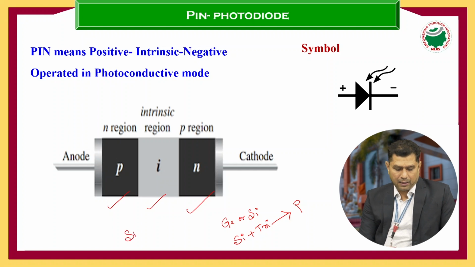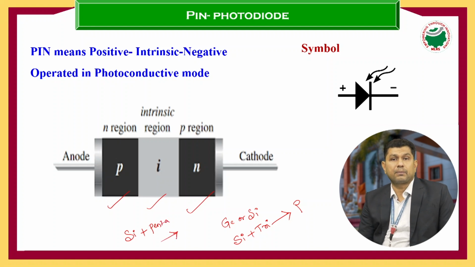Again, silicon is doped with pentavalent impurities. The best examples of pentavalent impurities are arsenic and phosphorus. When you dope an intrinsic semiconductor with pentavalent impurities, we get an n-type semiconductor. In an n-type semiconductor, the majority charge carriers are electrons and the minority charge carriers are holes.